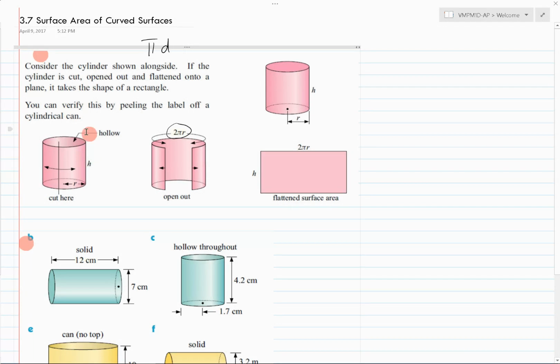And the height of this can, or the paper towel tube, or the cylinder, h, is also the width of this rectangle. So the surface area around the cylindrical part of the tube is just the area of this rectangle that we flattened out. So the area would just be 2 pi r times h.